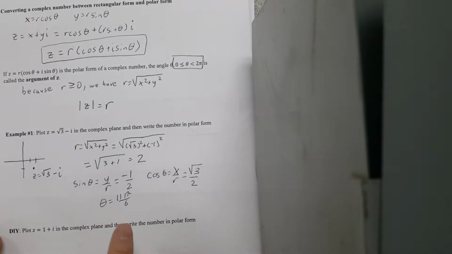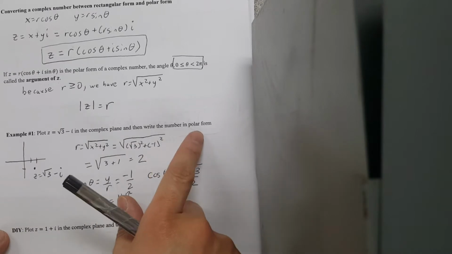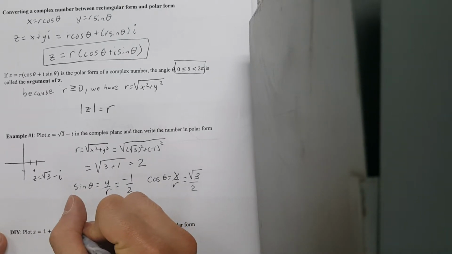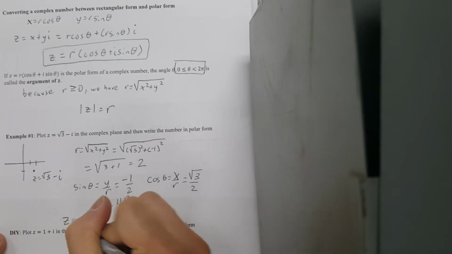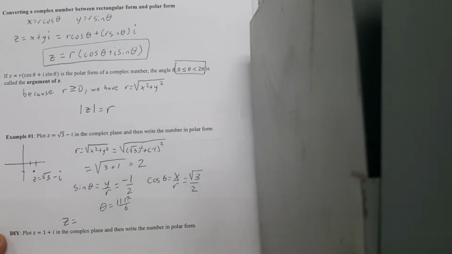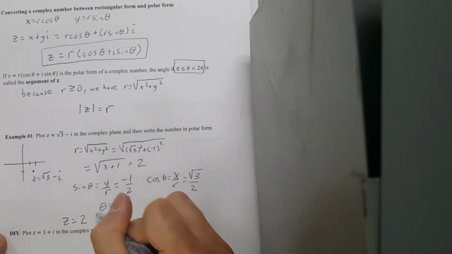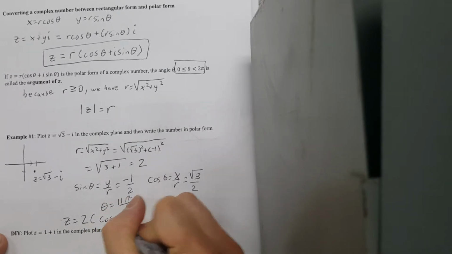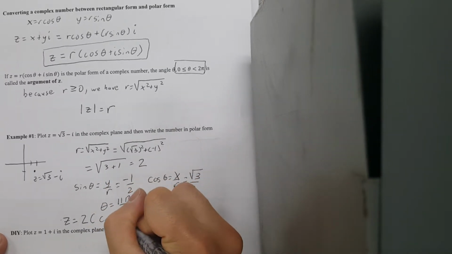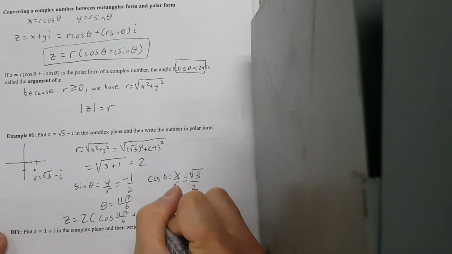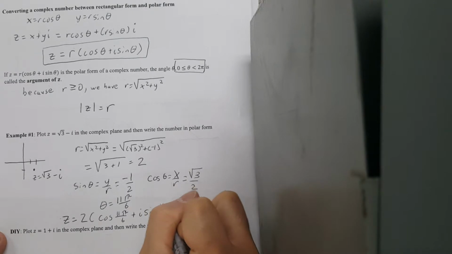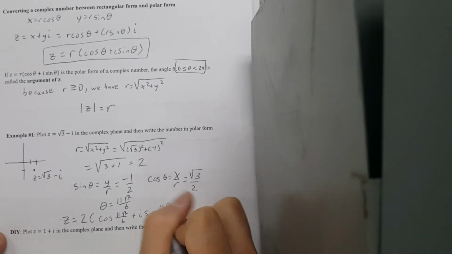And then the final thing that they want me to do is write the number in polar form. So up here is the number in polar form. I just copy what it says and I just replace it with the r and the theta. So my complex number in polar form is 2, because that's my r, cosine 11 pi over 6 plus I sine of 11 pi over 6.